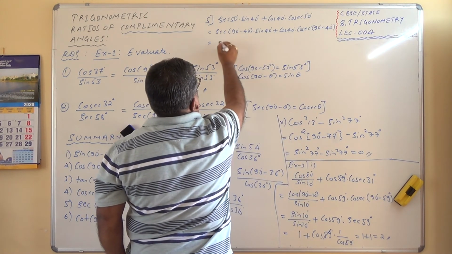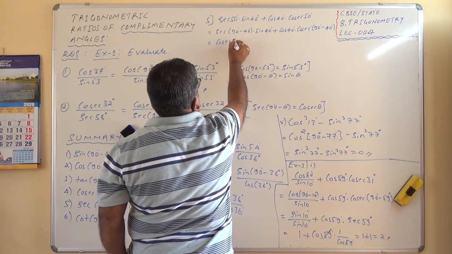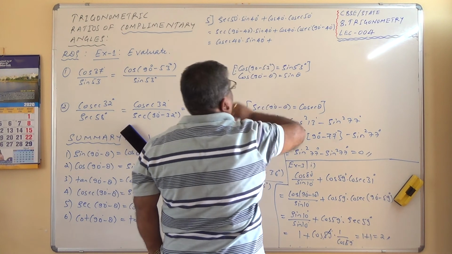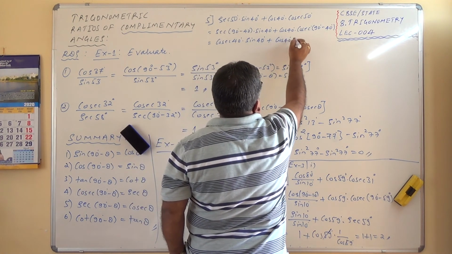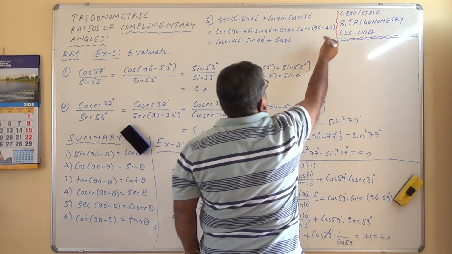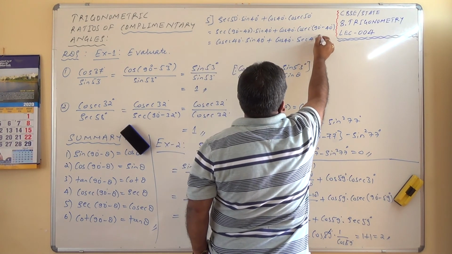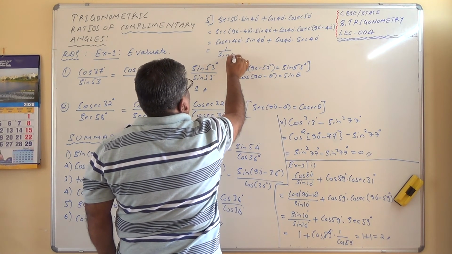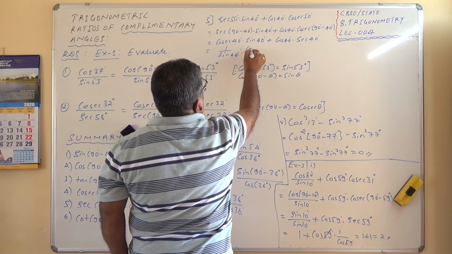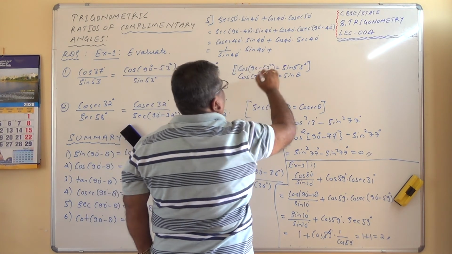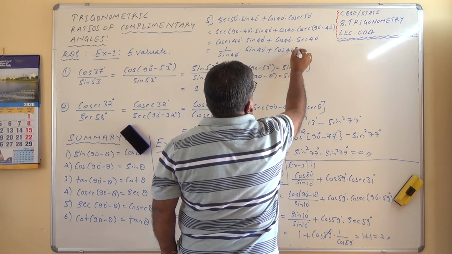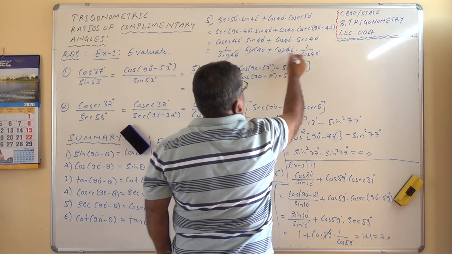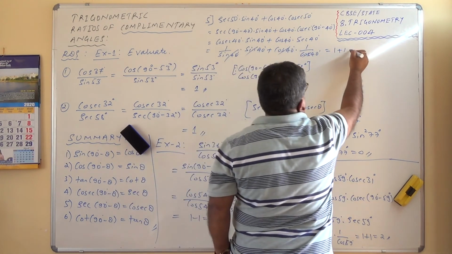Secant of 90 minus theta equals cosec theta, so cosec of 40 degrees into sin of 40 degrees plus cos of 40 degrees into cosec of 90 minus theta equals sec of theta. Cosec is the reciprocal of sin, therefore 1 by sin 40 into sin 40 plus cos 40 into 1 divided by cos 40. Therefore this will cancel, which is 1 plus 1, which equals 2.